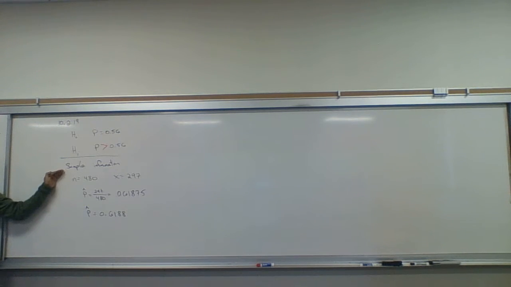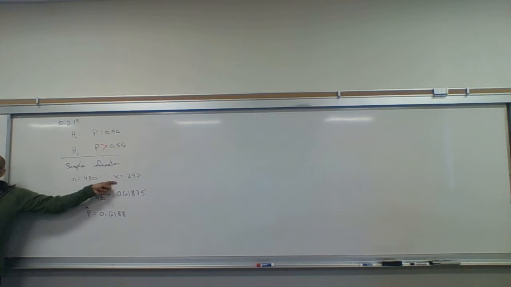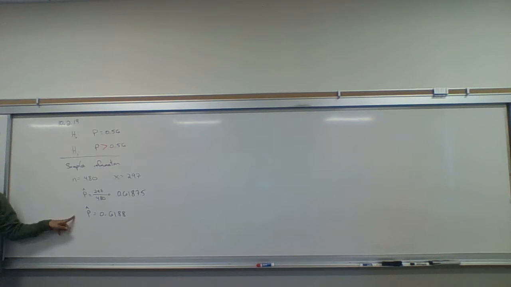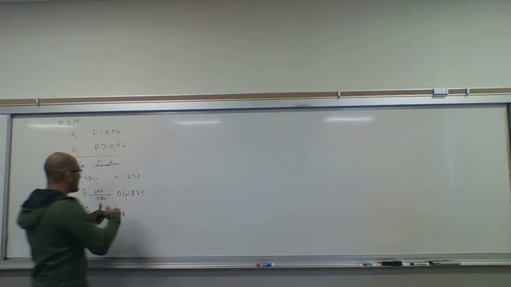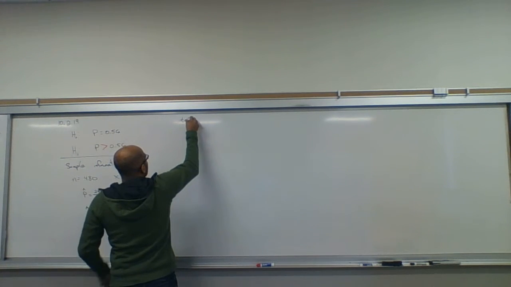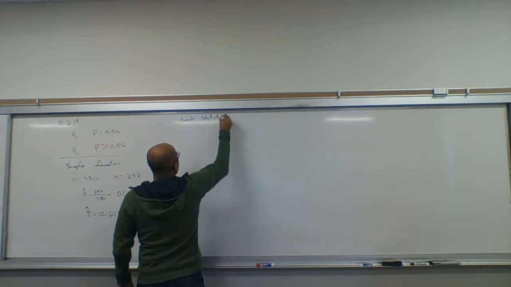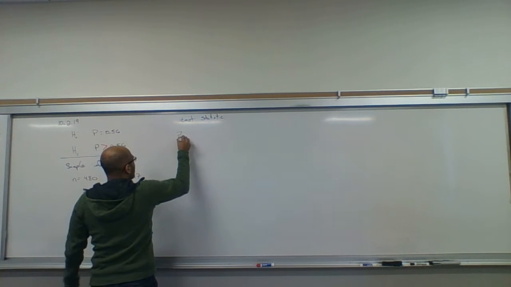Then you get your sample information. Sometimes that is just given to you, and sometimes it's a big collection of numbers and you use your calculator to find the mean and standard deviation so you churn out the values that you need. Next, you find your test statistic. And that's where the formula comes in.